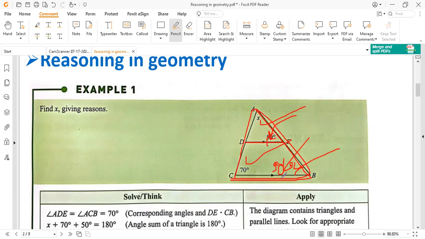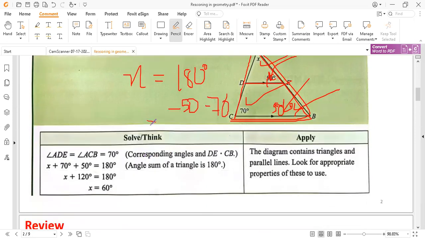So normally x equals 180 minus the remaining sum. We can subtract 50 and 70 at the same time, to finally obtain x equal to 60 degrees.